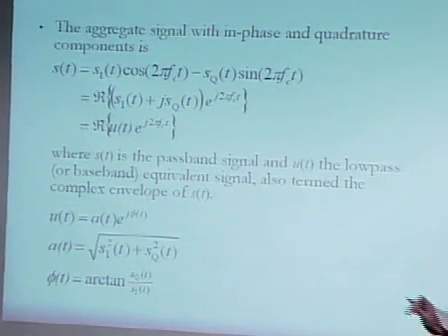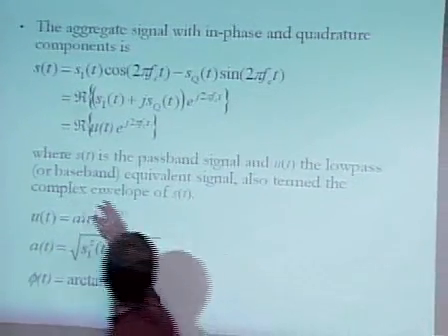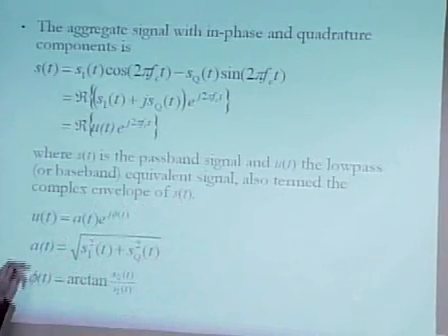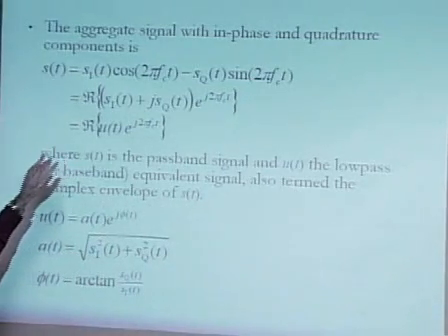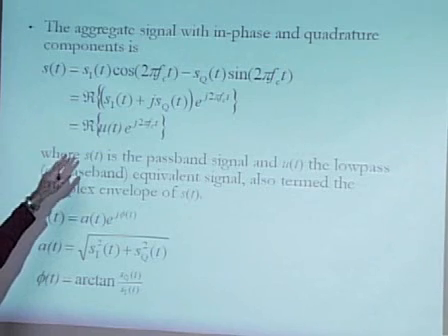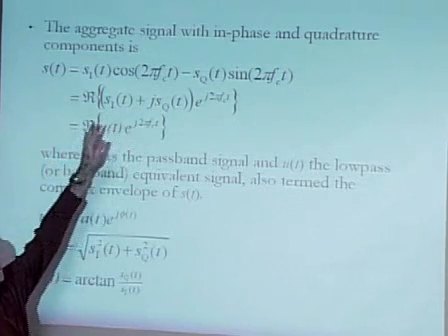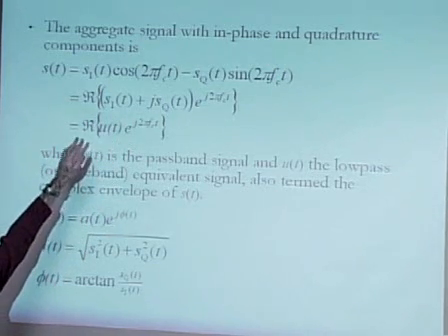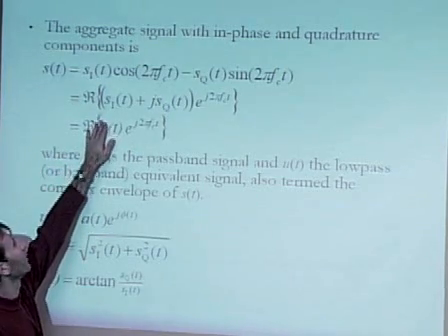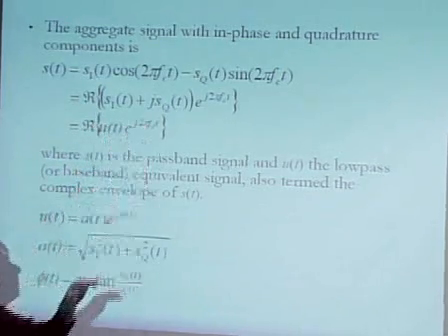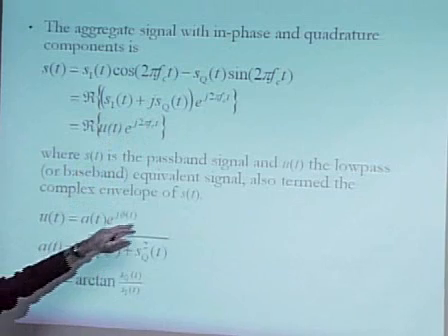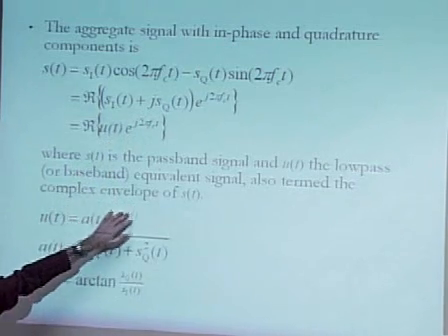u of t is also termed sometimes the complex envelope of s. And we can express it in two different ways. One is real plus imaginary part. So u of t is a complex signal. So we can express it as real, which is the in-phase, plus imaginary, which is the quadrature. Or we can express it in polar coordinates, amplitude and phase. Okay?